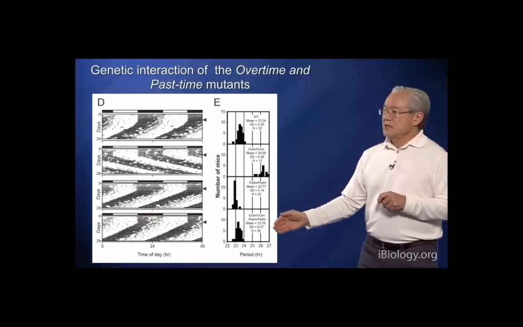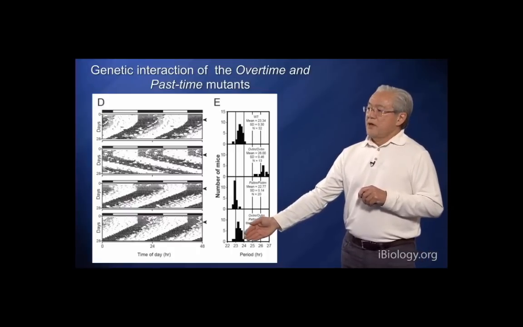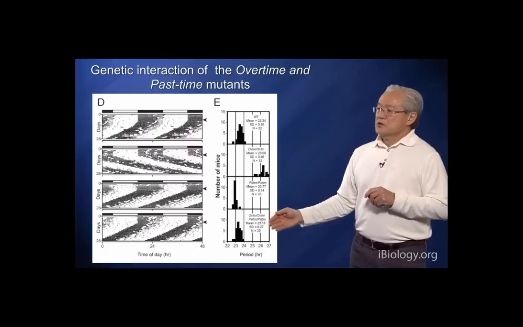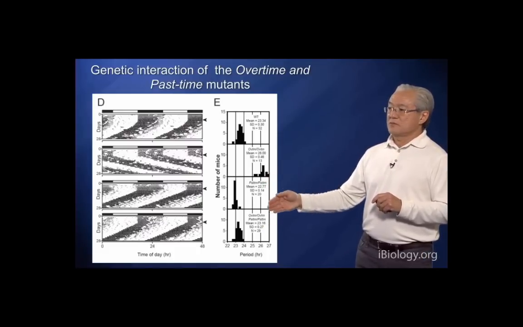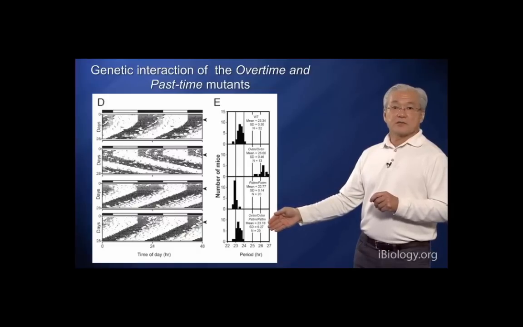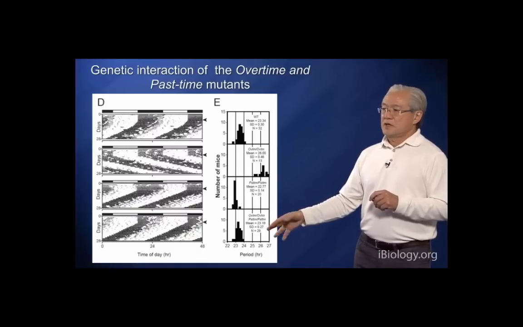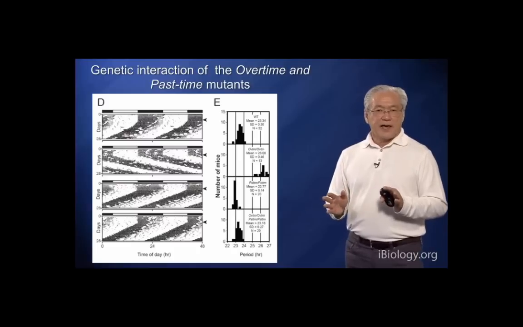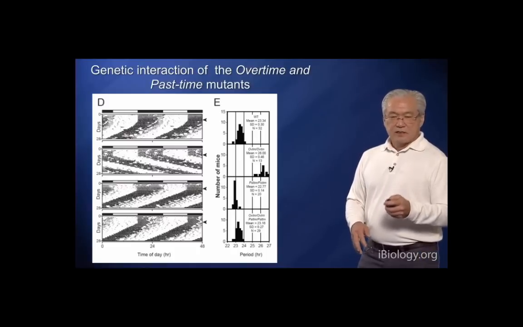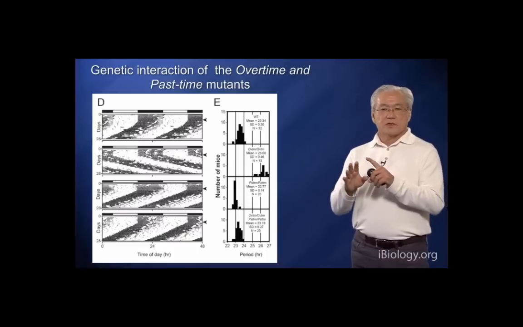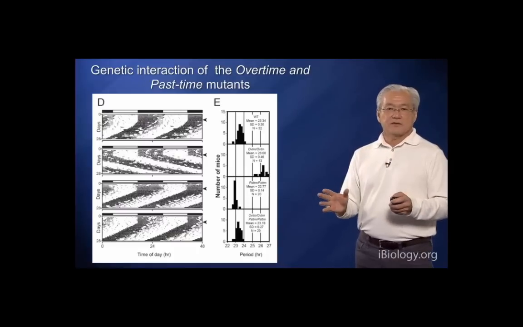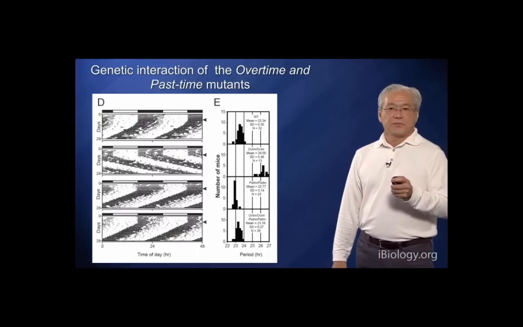What you can see is that the pastime mutant actually neutralizes the period lengthening effect of overtime and normalizes the period. So this kind of genetic interaction is non-additive and is interesting because it suggested that pastime was somehow counterbalancing the effect of overtime.